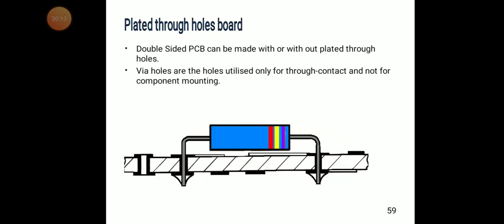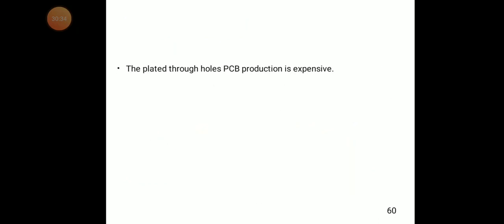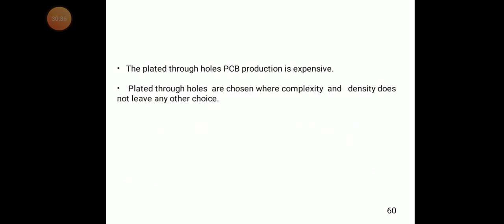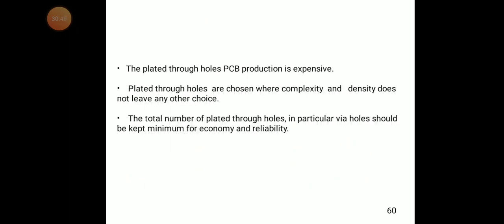A double-sided PCB can be made with or without plated through holes. Via holes are the holes utilized only for through contact and not for component mounting. Plated through hole PCB production is expensive.